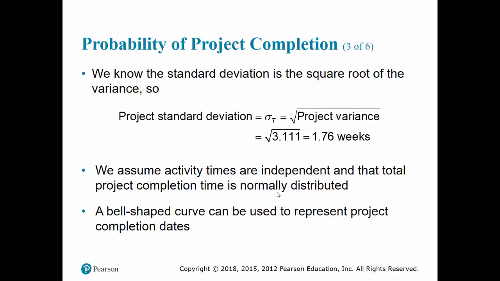So even if the activities follow some crazy distribution, it will still be true that the sum will be normal distribution. But in this case, we are assuming beta distribution. So beta distribution is very similar to normal distribution, except that it is not symmetric like normal distribution. It's very close.